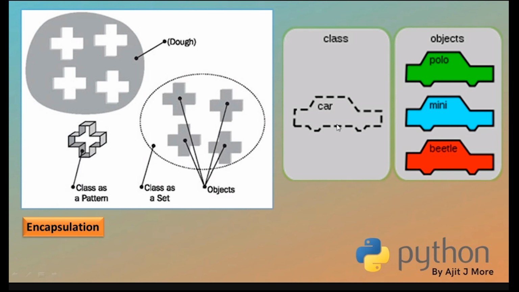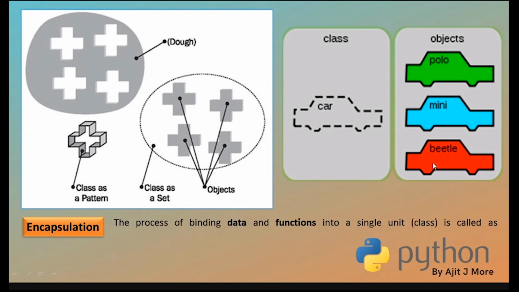So all those which are related to car only, the functions which are related to car and the data which is related to car, both things are put into one entity, and then that entity we call it as car, and then we create copies of it. Okay, so what is encapsulation? I said the process of binding related data, related functions into one single unit. Okay, we call it as class.